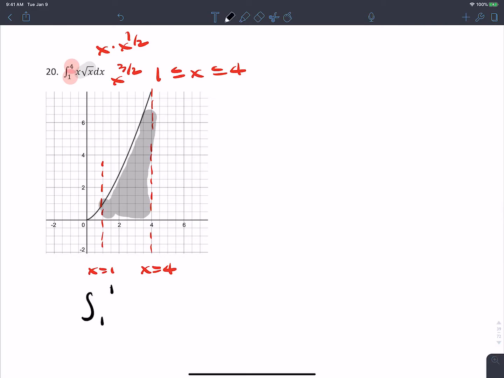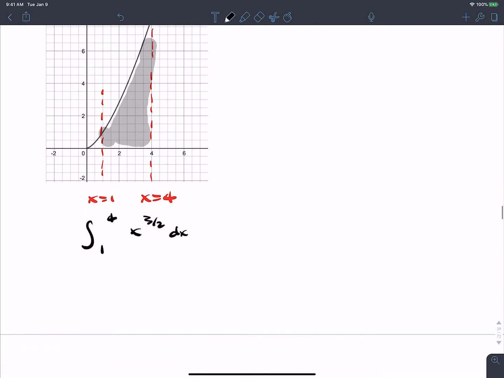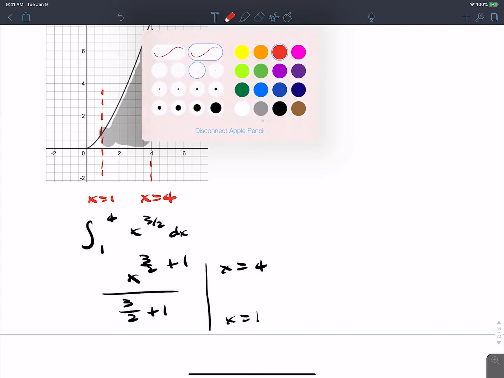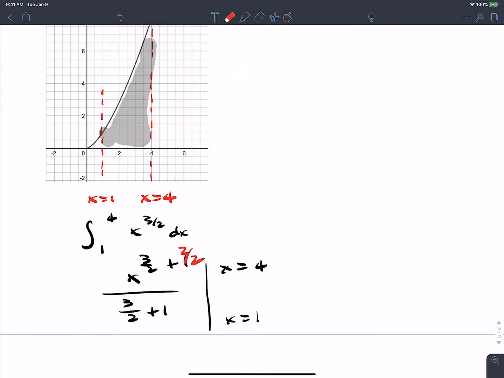So from 1 to 4, x to the 3/2 dx. So x to the 3/2 plus 1 over 3/2 plus 1. And that's 5/2. What do you guys get? Is that 5/2?